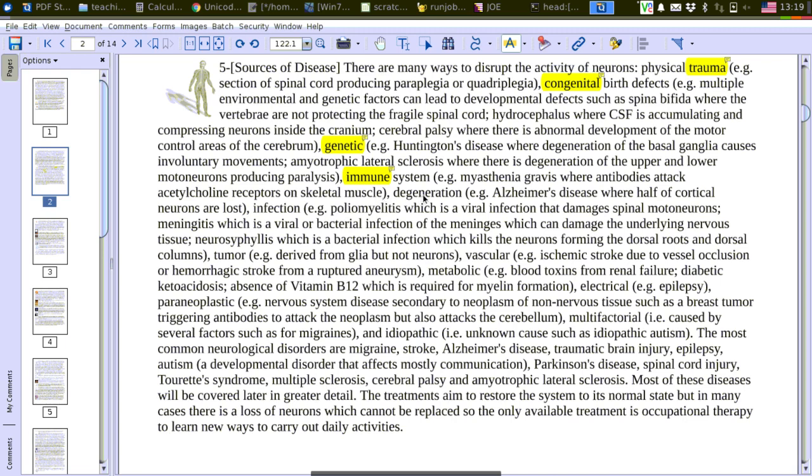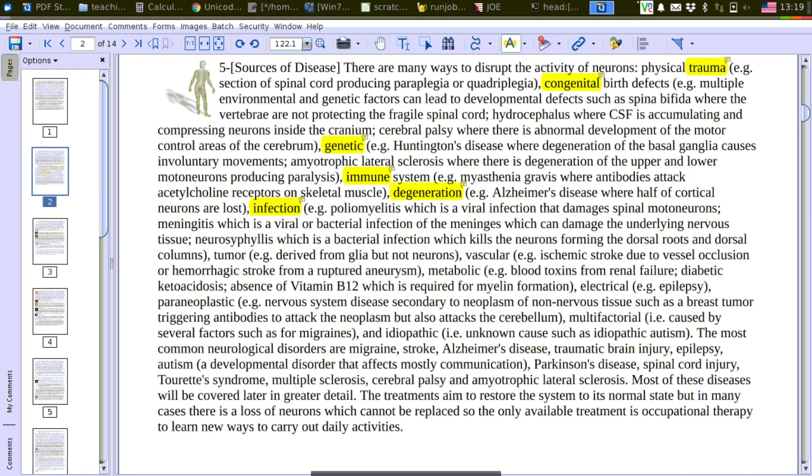Another one is degeneration for unknown reasons. For example, in Alzheimer's disease, we don't know why, but half of the cortical neurons are lost. They degenerate. Another one can be an infection. So you can have, for example, poliomyelitis. This is a viral infection.